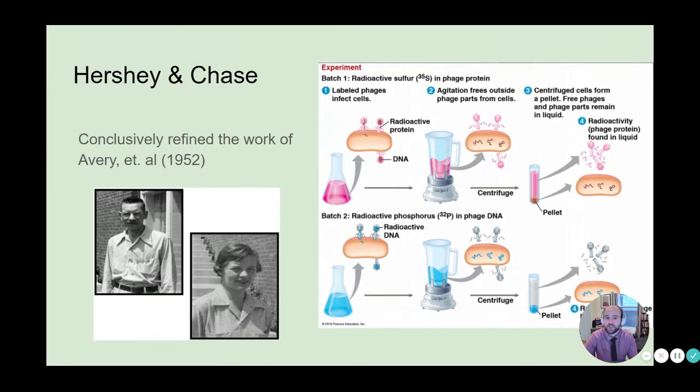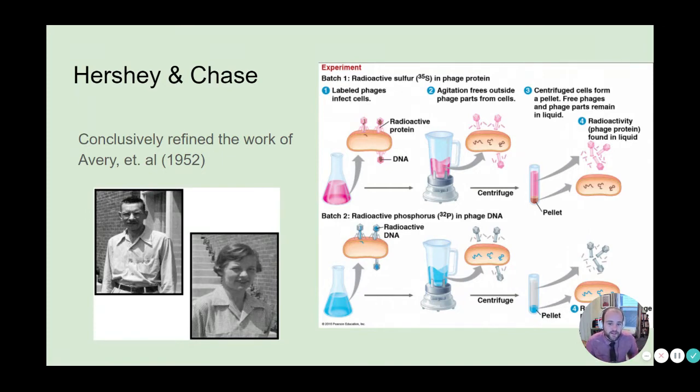First they used sulfur, which would be something that would be locked up in mainly proteins. And they injected that into the cells, and then when they centrifuged that, they found that the radioactivity, or the phage protein, was found in the liquid.